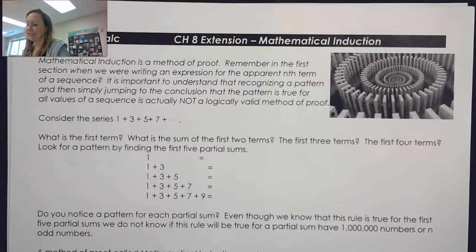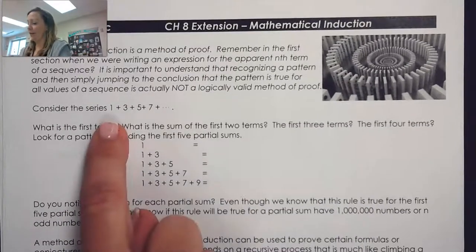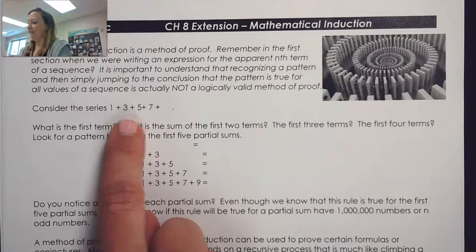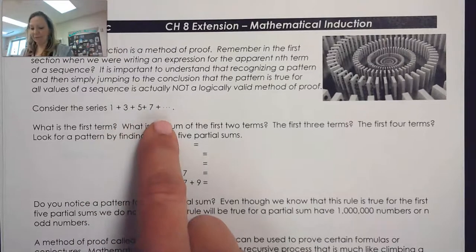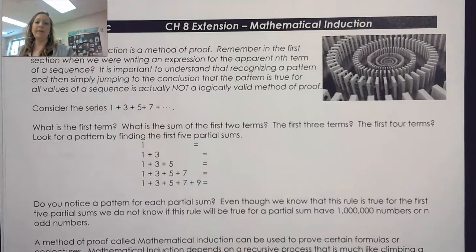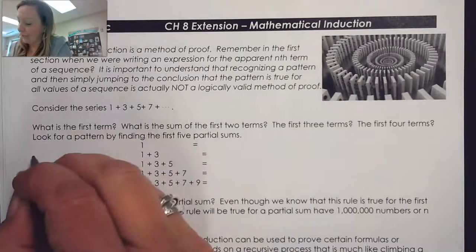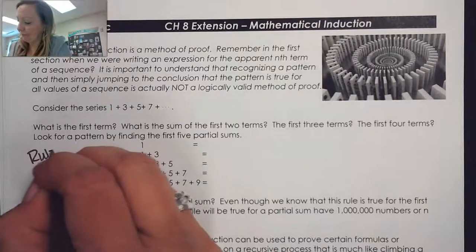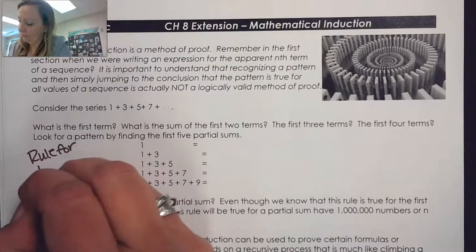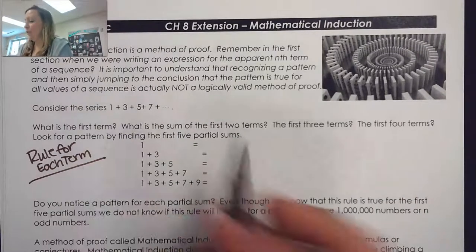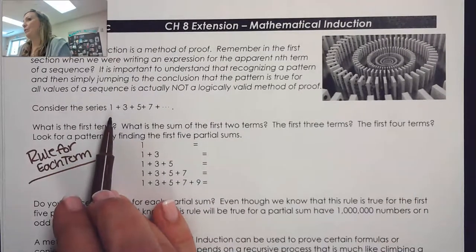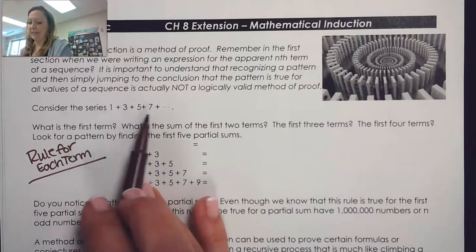All right, so let's consider this series. 1, 3, 5, 7, and series means that we're adding them together. Let's write a rule for each term. Okay, so these would be the terms of this sequence. 1, 3, 5, 7.